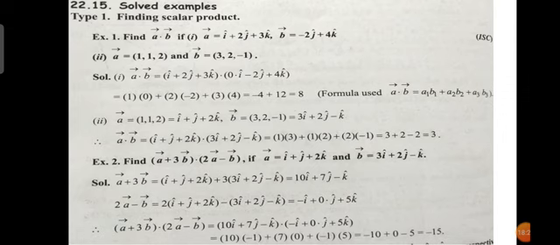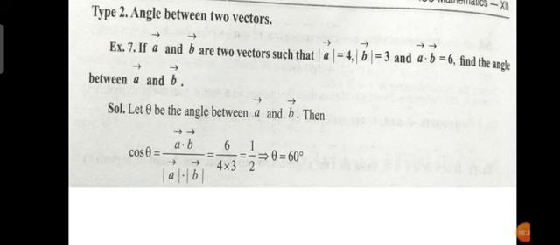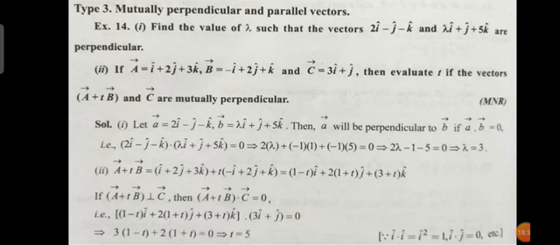First is how to find the scalar product, and how to find the angle between two vectors. Also how to identify mutually perpendicular and parallel vectors, which is given in your textbook. Please go through those worked problems.